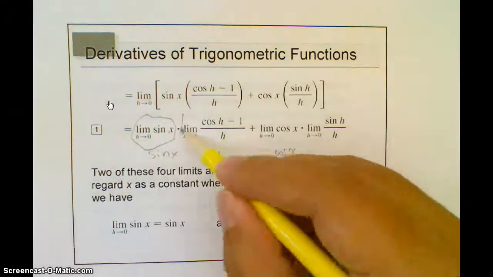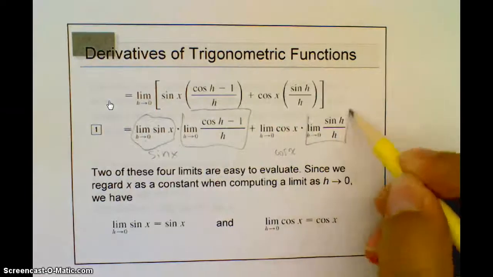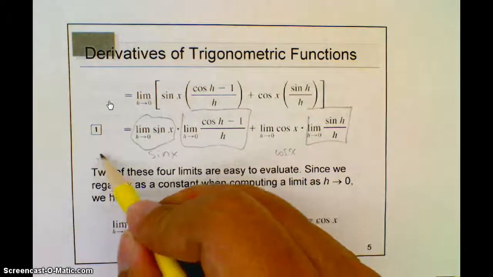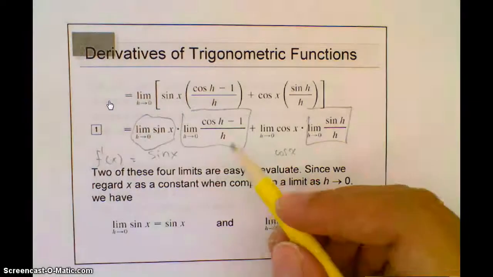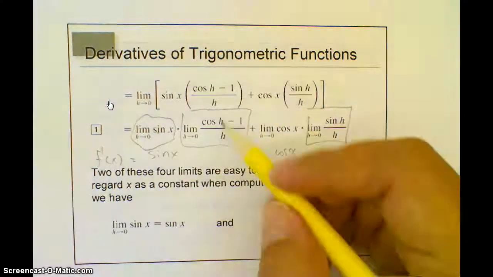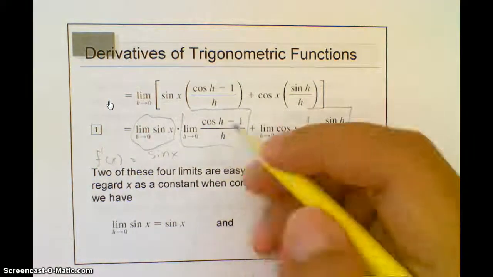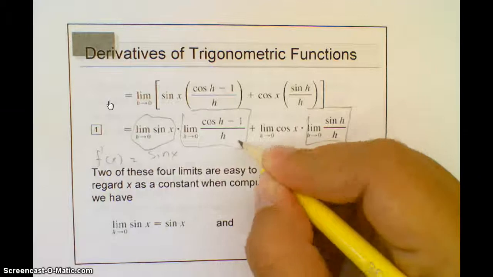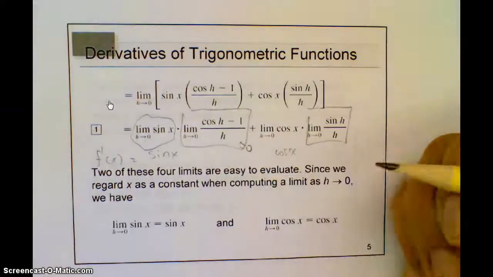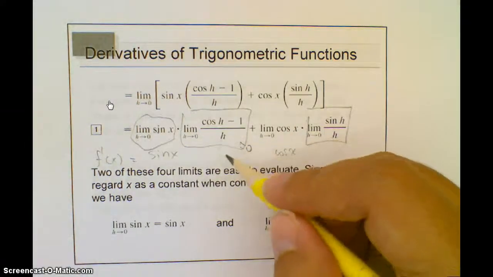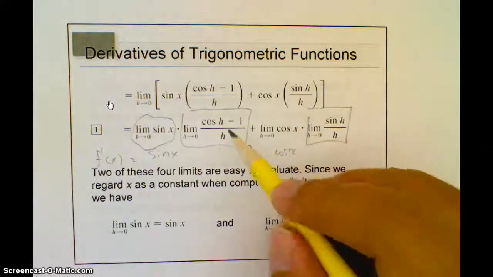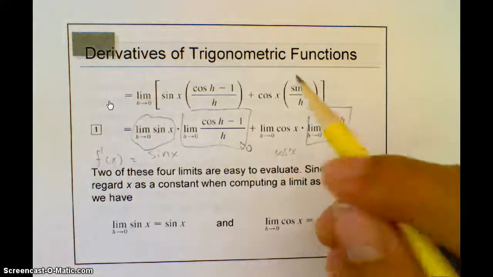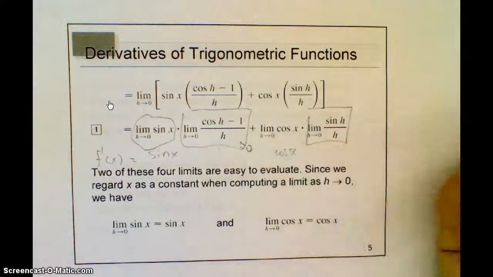And now the idea is to find what these limits are, and then we're going to be able to find the derivative of the function sine of x. On the next slides, it is shown that this is worth 0, and this is something that we have seen in previous sections, and this is one of those limits that I said we have to remember as facts, because they're going to be useful in some other calculations, and this is one of the uses.